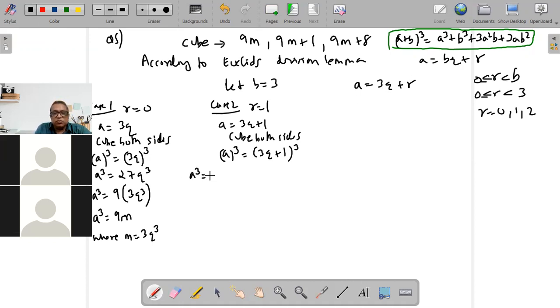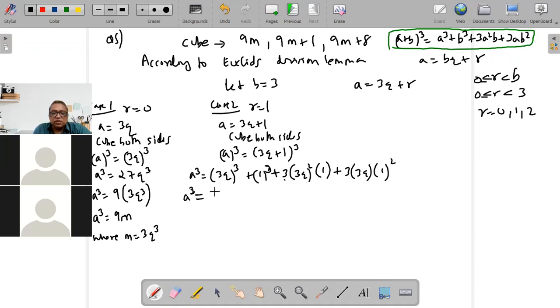So this becomes a cube, so 3q whole cube, then b cube, meaning 1 whole cube, plus 3 into a square b, so 3 into 3q whole square into 1, plus 3ab square, that is 3q into 1 square. What I have done is applied this identity: a cube, b cube, 3a square b, 3ab square.